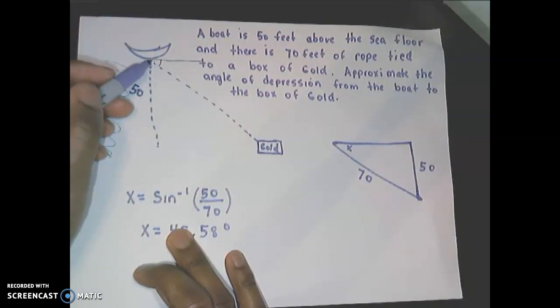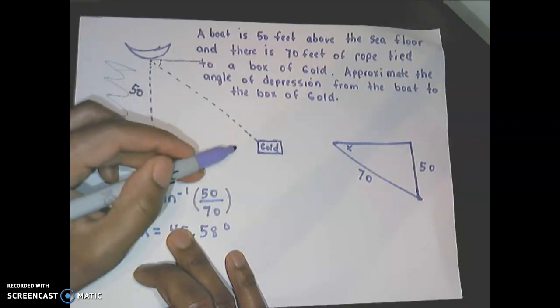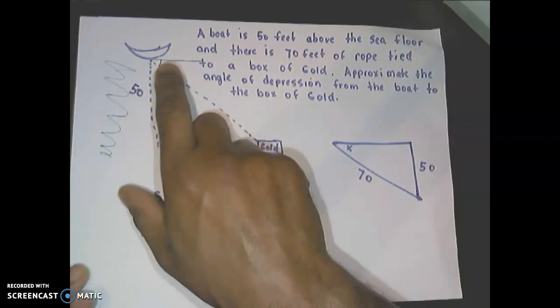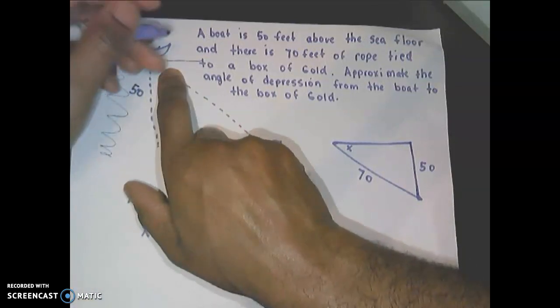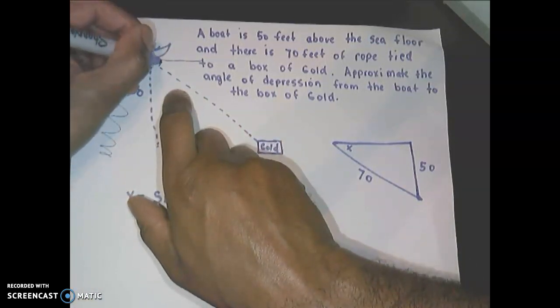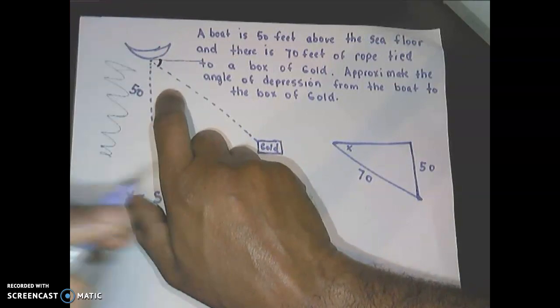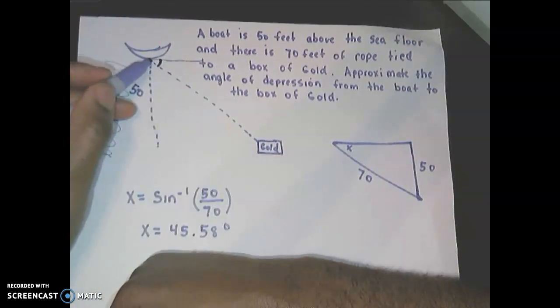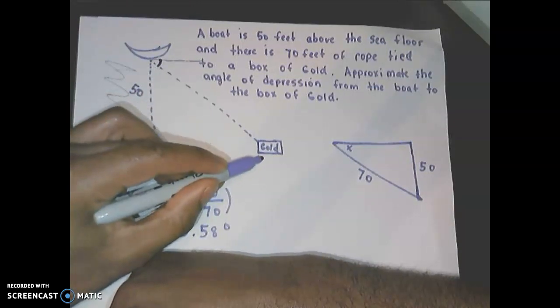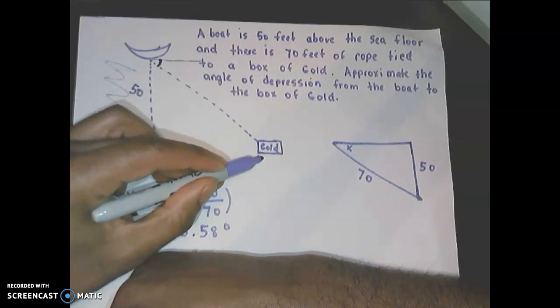It's tied to a rope that is 70 feet long, and we want to find the angle of depression in this case. That's going to be this angle right here. Just imagine yourself looking down from here at this box of gold. So this is the angle of depression.